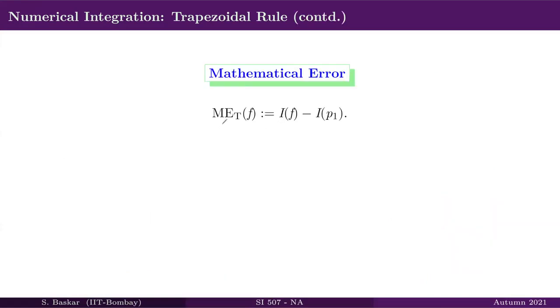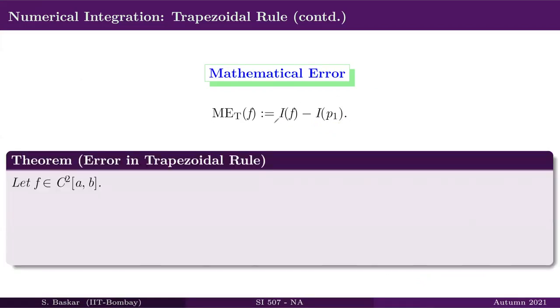By definition, the mathematical error involved in the trapezoidal rule, denoted by MET of f, is given by the difference between the exact value I of f and the approximate value, the integral of the first degree polynomial p1 of x. Let us get an expression for the mathematical error.